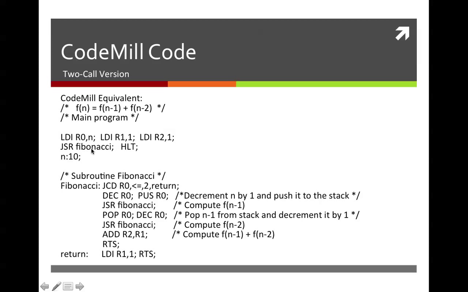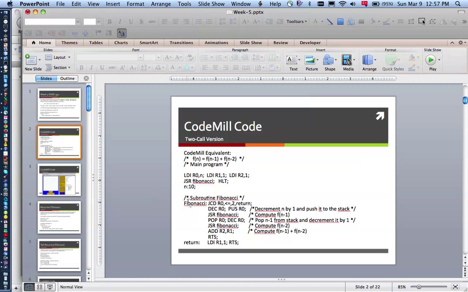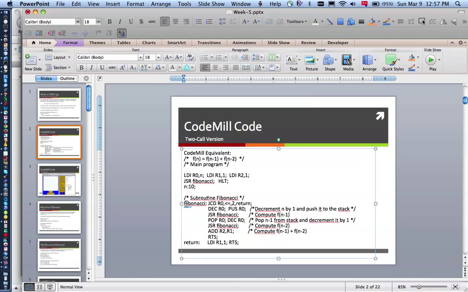So what we do, as we did in the C program, we initialize the values of these registers to n, 1 and 1 rather, the previous two values, and then call the Fibonacci subroutine.